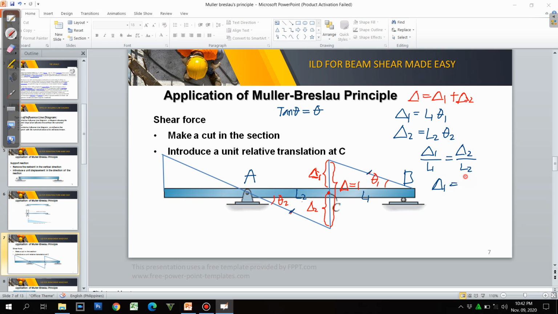Delta 1 is equal to delta 2 L1 all over L2.